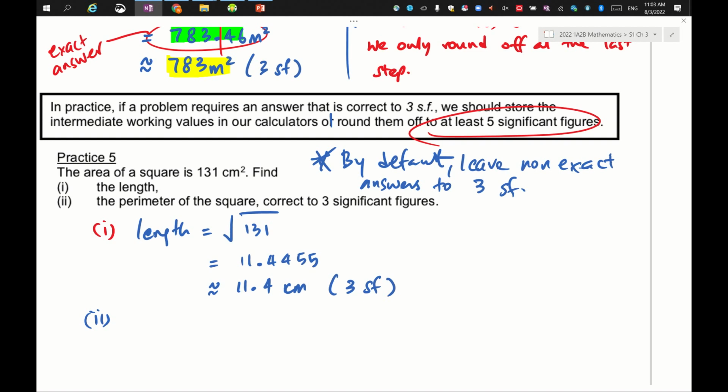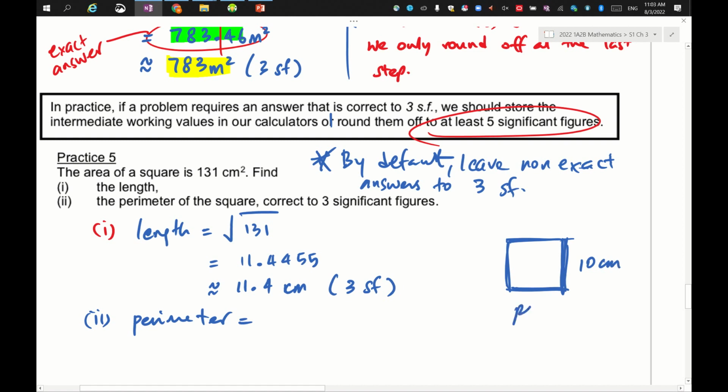Now in part 2, find the perimeter of the square. So what is the formula for perimeter of a square? If let's say for a square, this side is 10 cm. What is the perimeter? 40, isn't it?